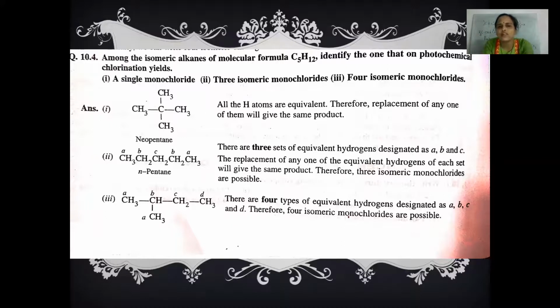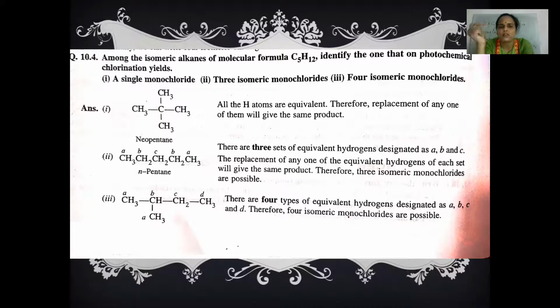When you draw the isomers of an alkane of molecular formula C5H12, there are 3 isomers. One is neopentane, the second one is n-pentane, and the third one is 2-methylbutane. That is called isopentane.